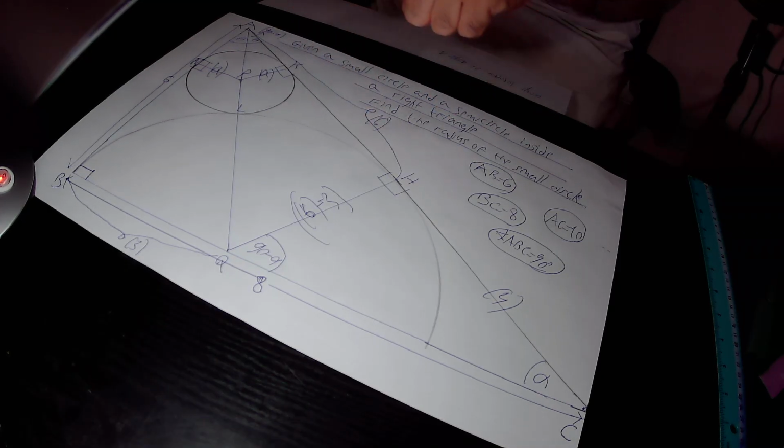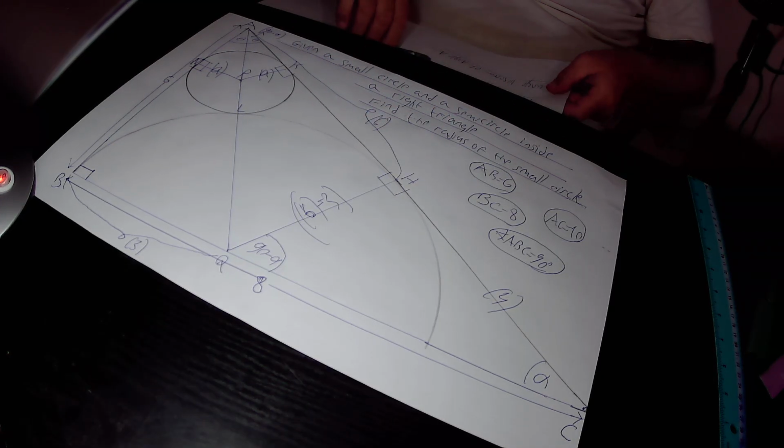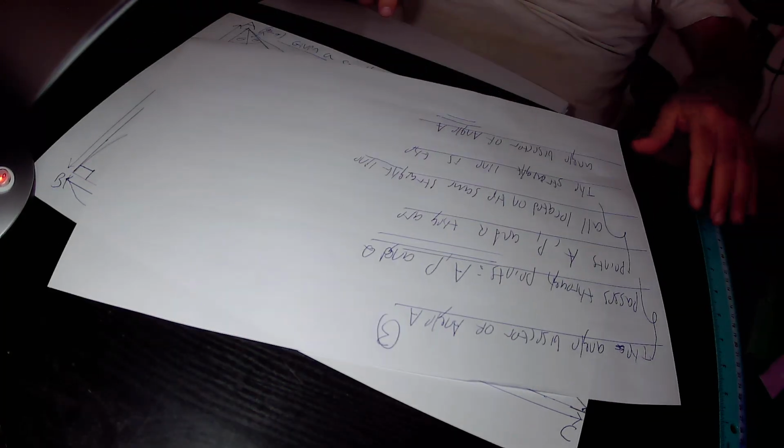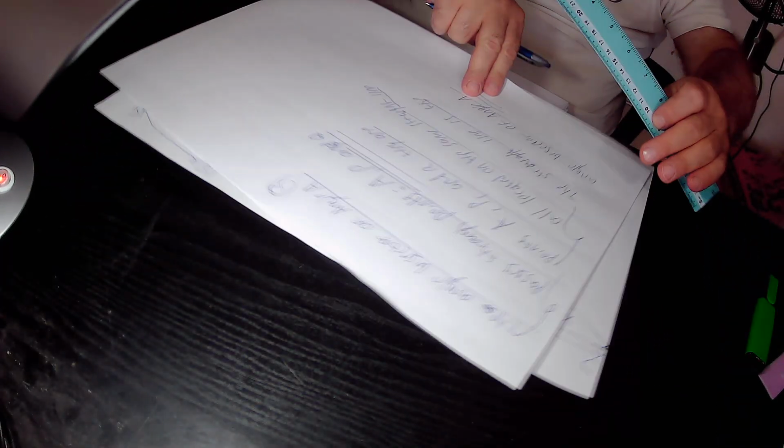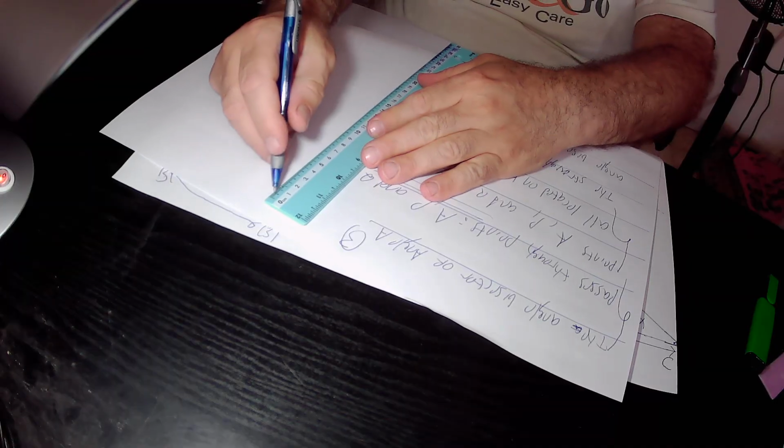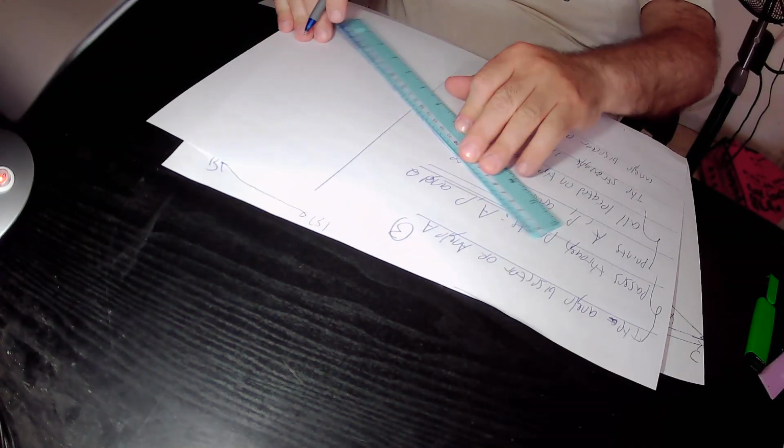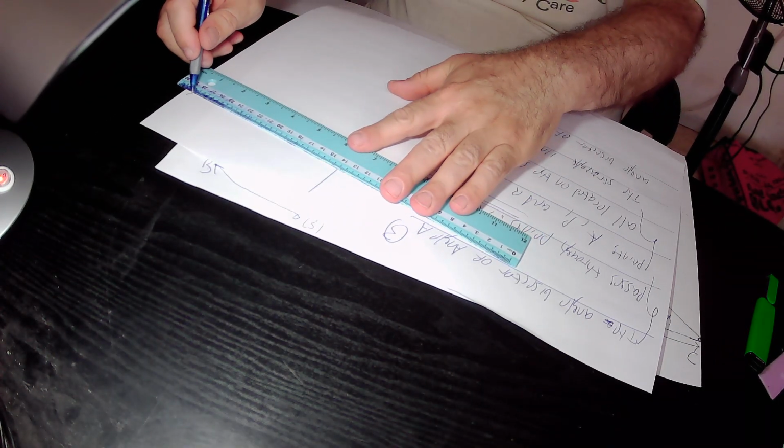Again, line segment APQ is one straight line. So write it down. We carefully found out that line segment APQ is one straight line.